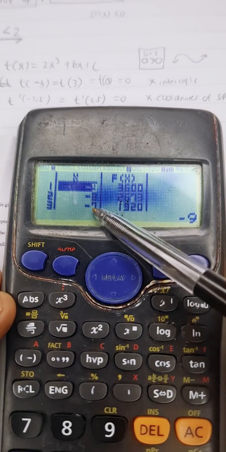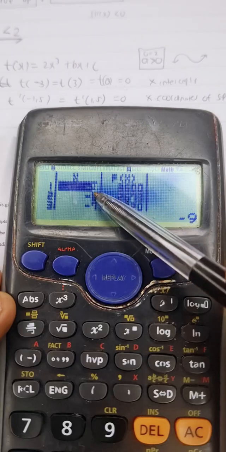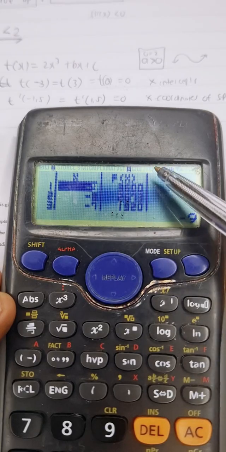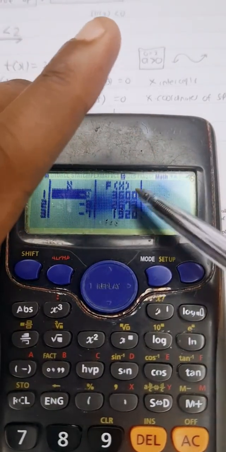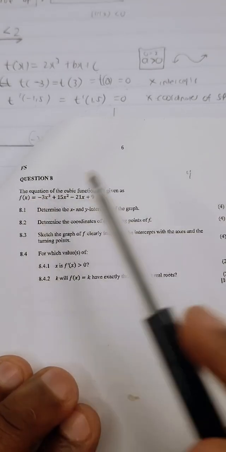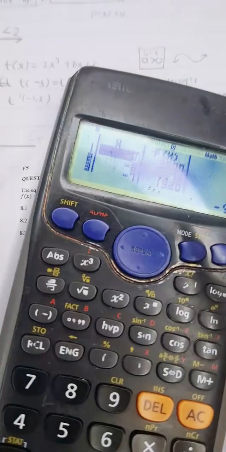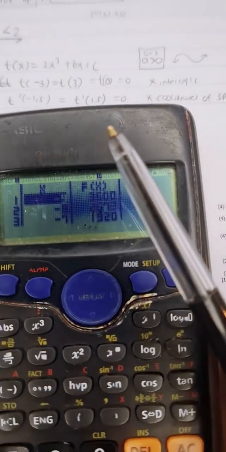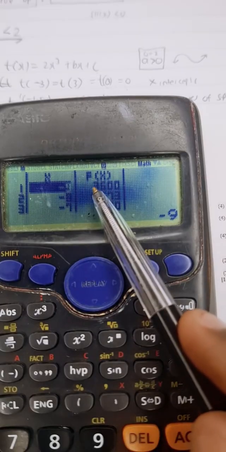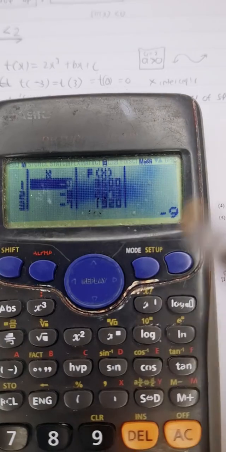We are going to look at our x values, and if we get any x value giving us a 0, that means we have a factor that we can register for this cubic function. So let's go down and check if there are any x values giving us 0.